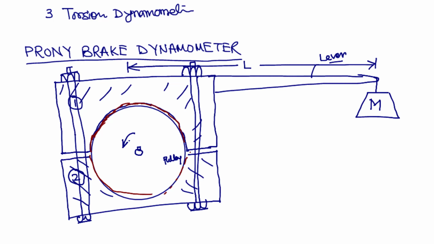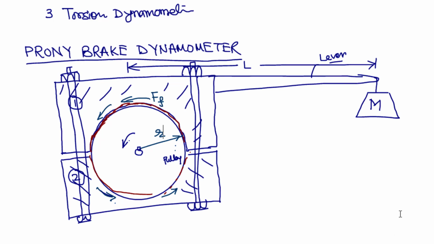The direction of the friction force is tangential, in this direction. The radius of this pulley is R, and the frictional force is FF, due to the clamp.